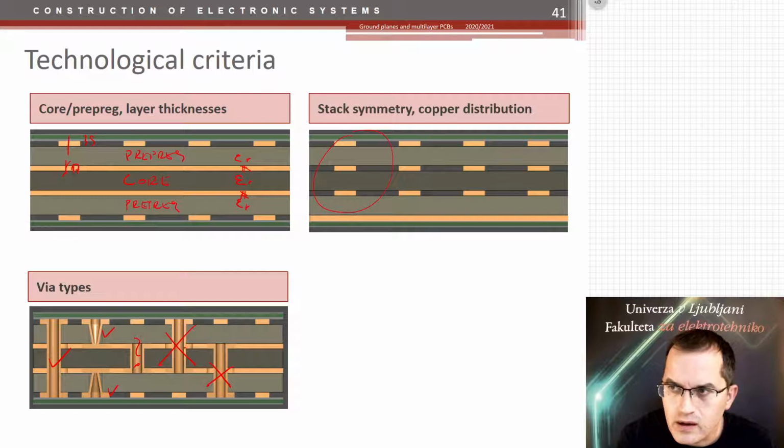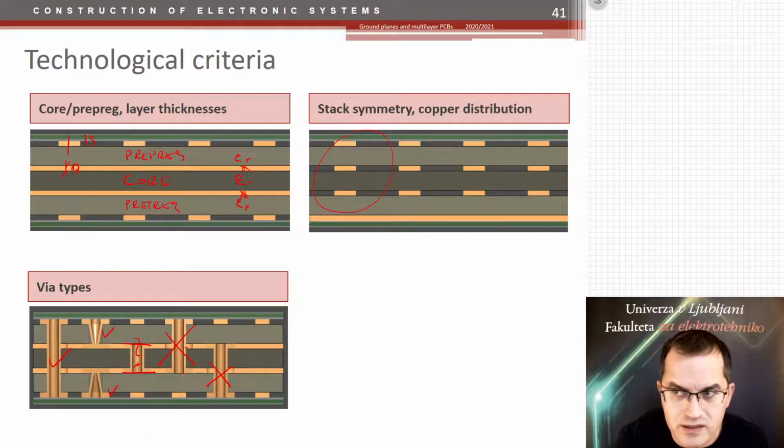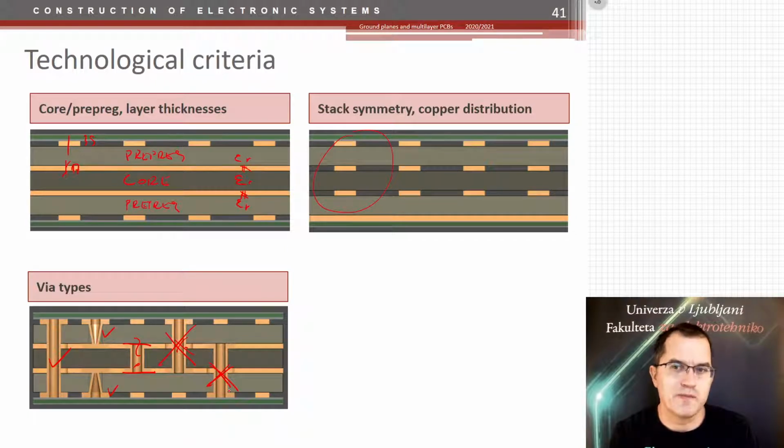That via till here is a part of the core which can be made separately. Then you put a prepreg and then you press. How would you then make this via? It's impossible. You cannot make it. You cannot drill to a certain distance otherwise than using a stack of microvias one on top of each other. So, please avoid this if possible.